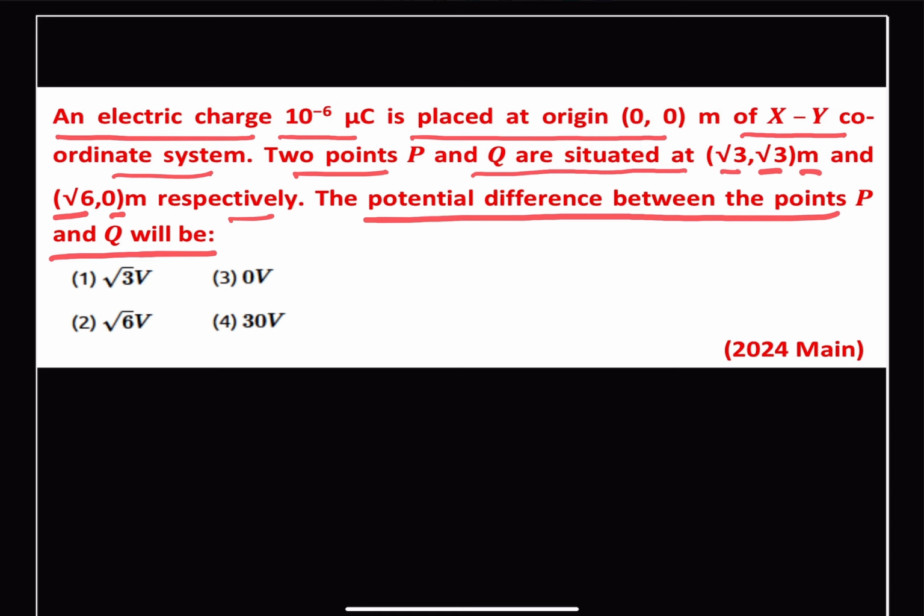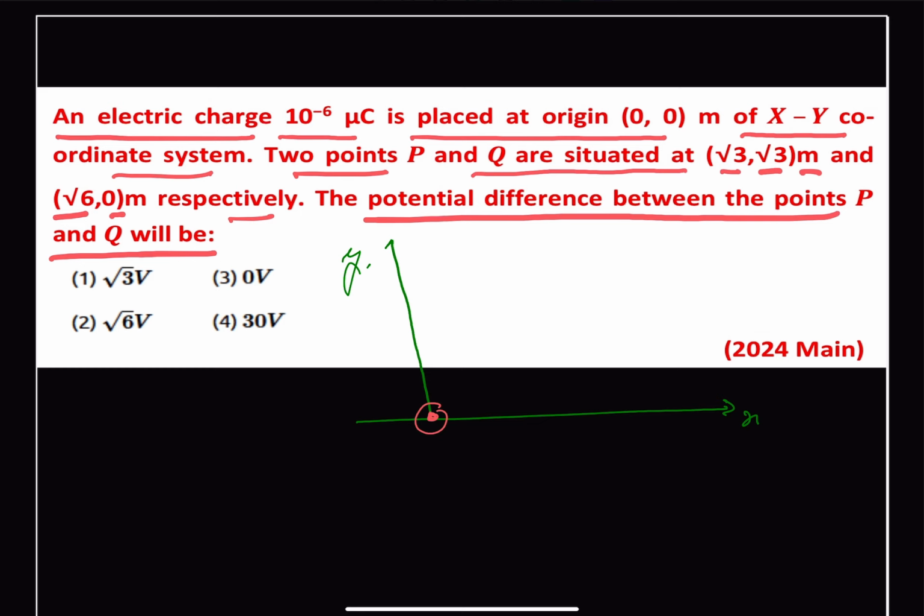So this question states that we have an electric charge and that charge is given at the origin. So let us draw a coordinate system. We have an x-axis and y-axis, and the charge is located at the origin.